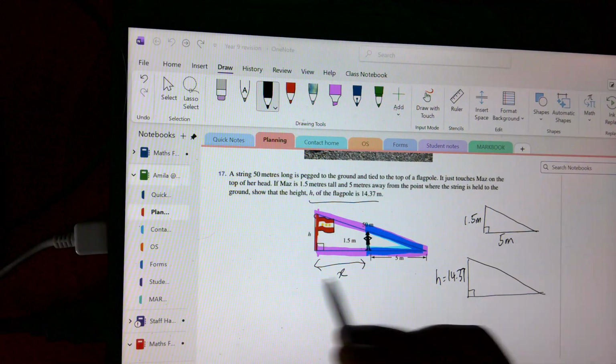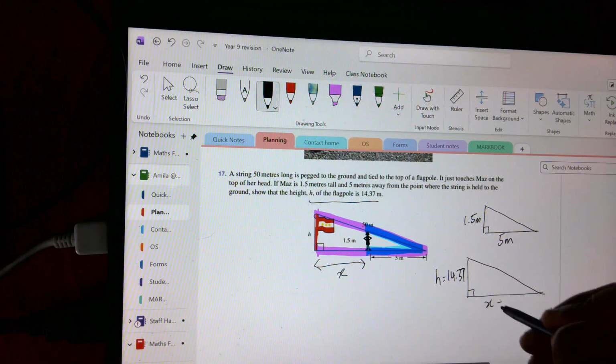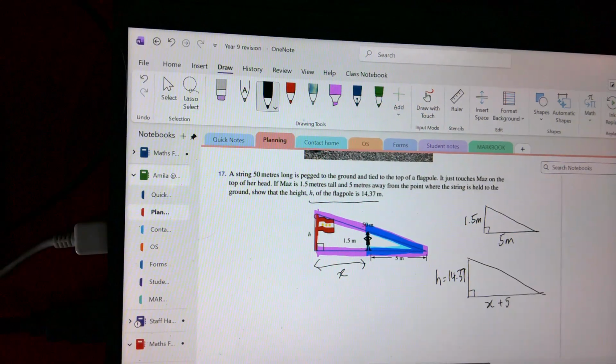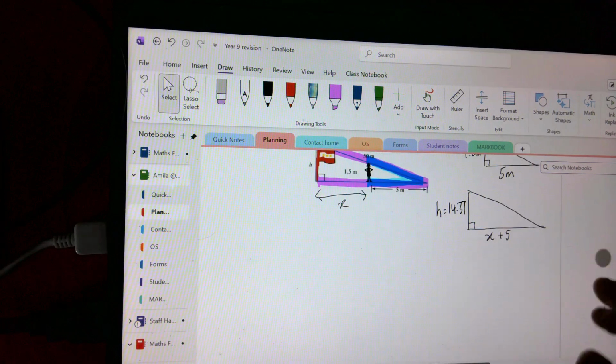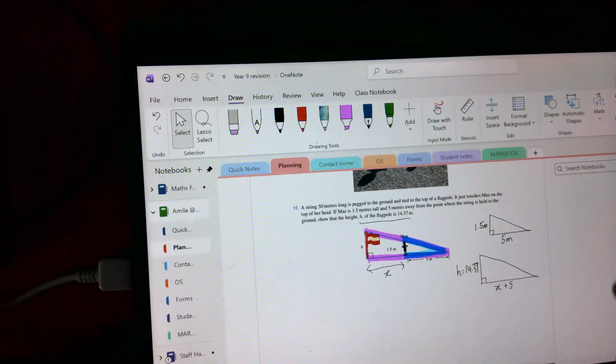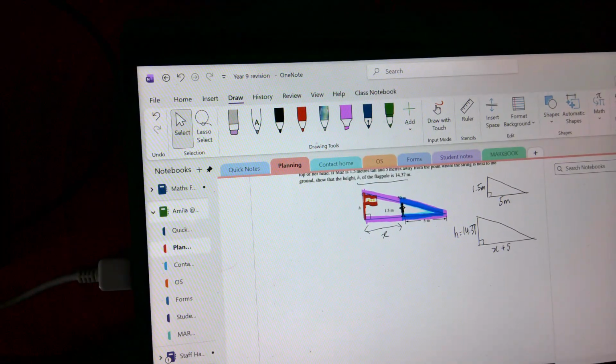So this distance on our purple triangle is x plus 5. Before we can work out similarity, we need to know what x is first. So we're going to have to do what we did before. We're going to compare our big triangle with our little triangle.